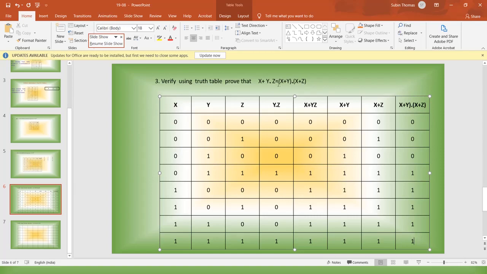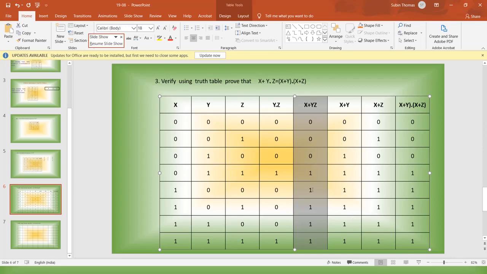Now you have to check whether it is verified or not. Verify using the truth table: which is the left side value, x plus y into z. This is the left side column, and the right side column is this column. Check if these values are exactly matching or not. Yes, the first 3 zeros and the remaining ones, the same thing is coming over here.